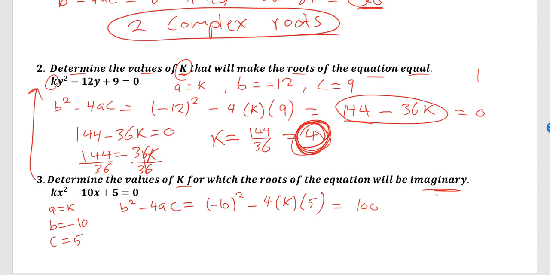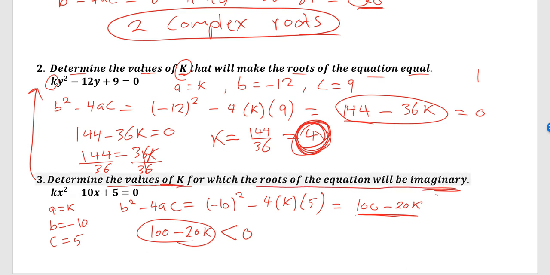So minus 10 squared is 100. 4K times 5 is 20K, so 100 minus 20K. And this whole expression, right, the discriminant, needs to be less than 0. So this is all we need to solve. Just solve this inequality for K, and this will give us the values of K for which the roots of the equation will be imaginary.